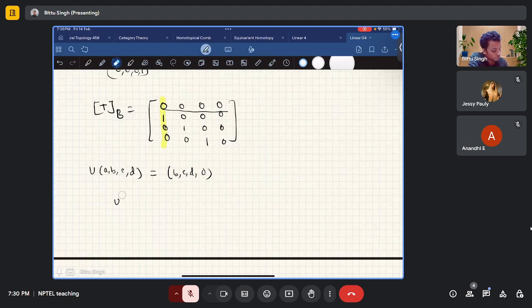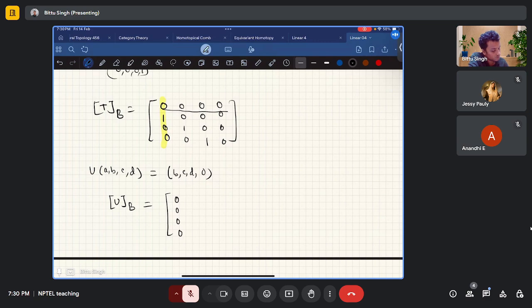Similarly, U with respect to the basis B, it is simply what is the correct representation: 1 0 0 0 goes to 0, so this is 0 0 0 0.